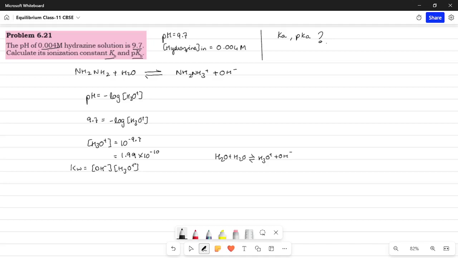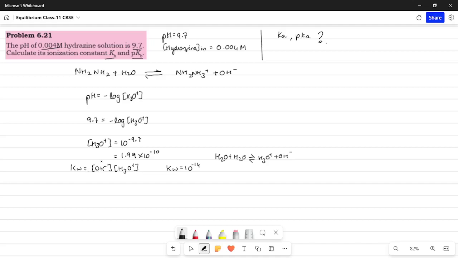We also know that the value of Kw equals 10 to the power minus 14. Using this equation, we have the concentration of H3O plus, and the value of Kw is going to try to stay at 10 to the power minus 14. What we will try to do is change the value of OH minus and H3O plus to get to that.